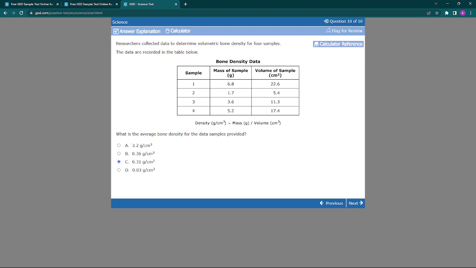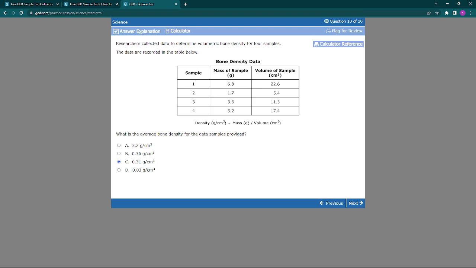Let's just round it to 3 decimals. So 0.315, 0.298, and then the third one is 3.6 divided by 11.3, so that's 0.319. And then the first one is 6.8 divided by 22.6. I did those a little out of order, but it's okay.